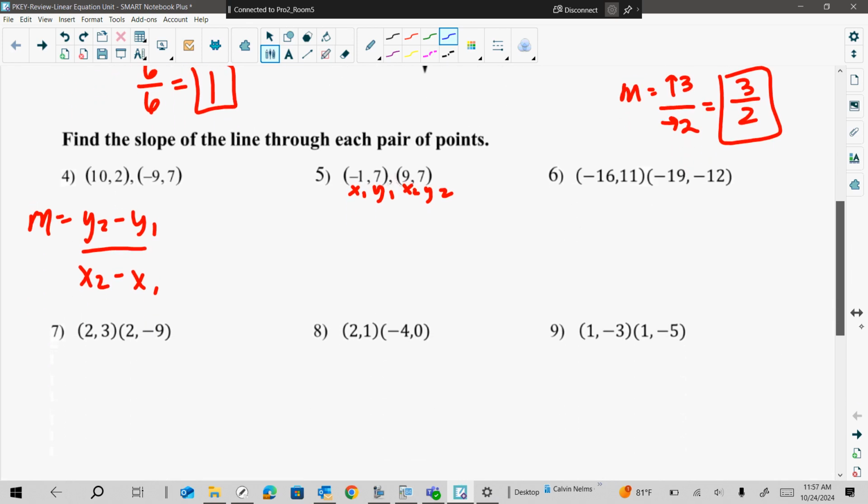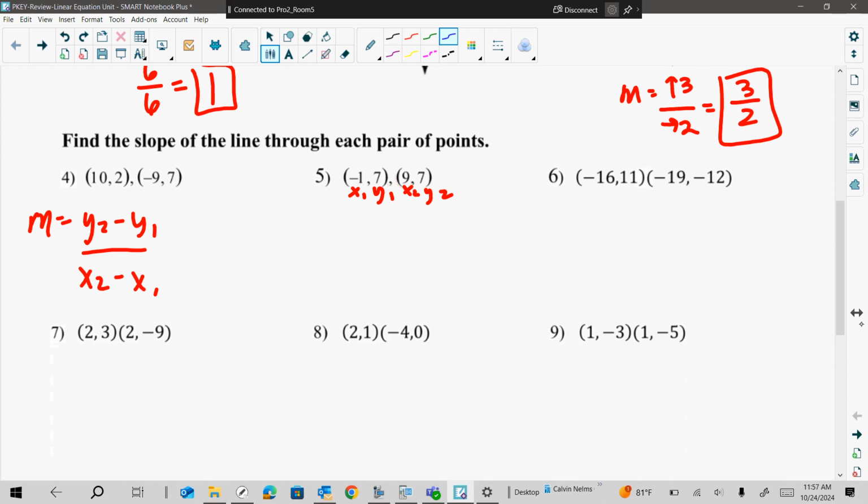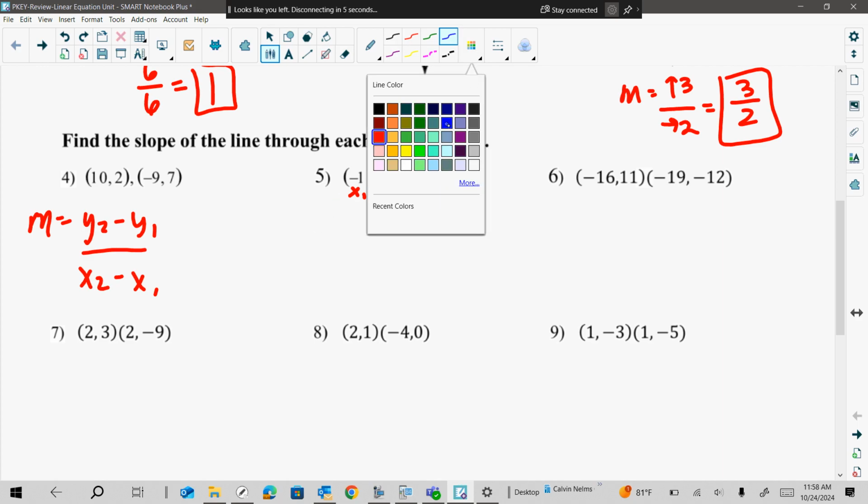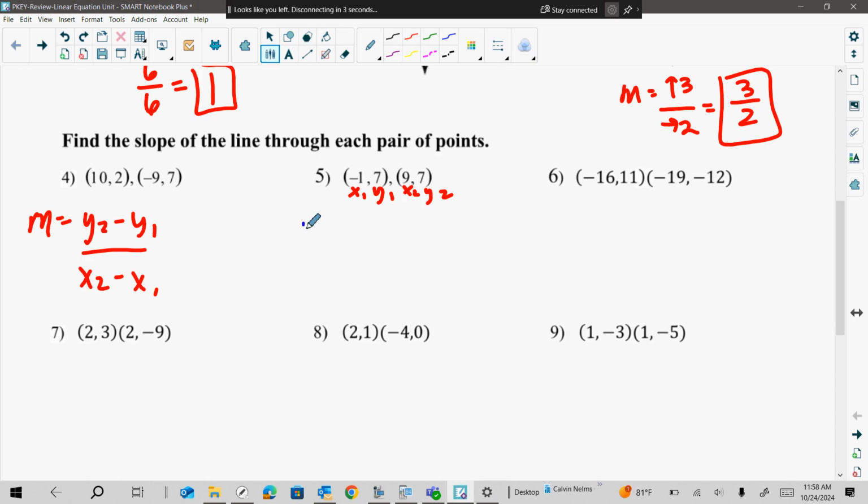Now, for this next section, for 4 through 9, you have to use your slope formula. I will have a formula chart with the formulas on it. For these sections, you have to go y2 minus y1 over x2 minus x1. So if I'm looking at number 5, if you need to label your x1 and y1 and x2 and y2, you can. Our slope form would be, on the top, 7 minus 7.